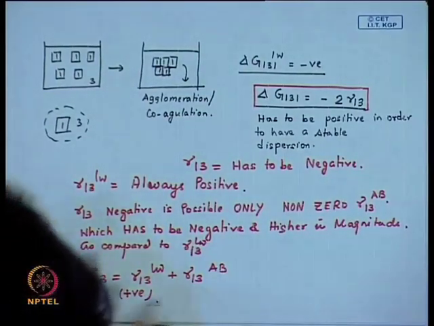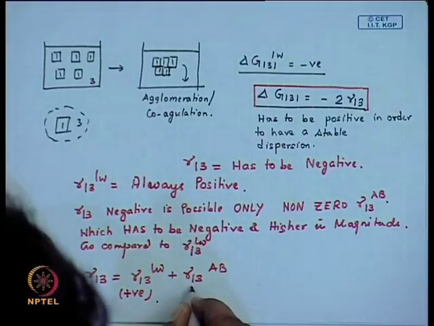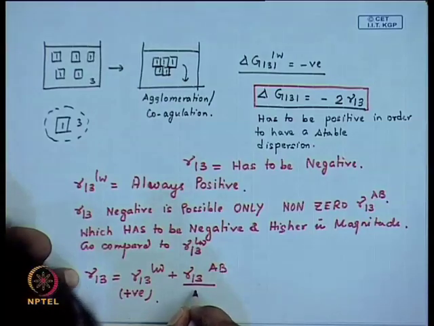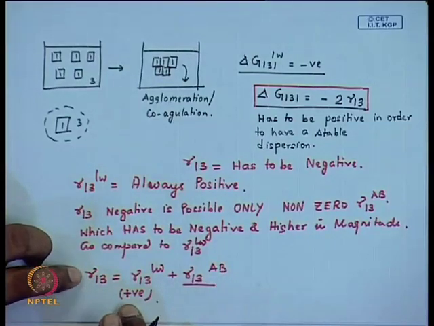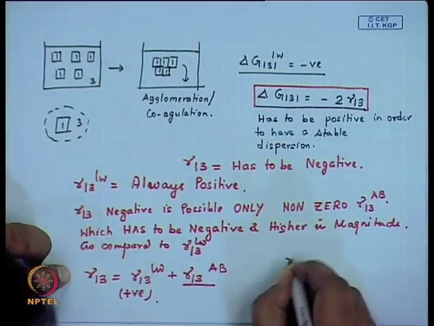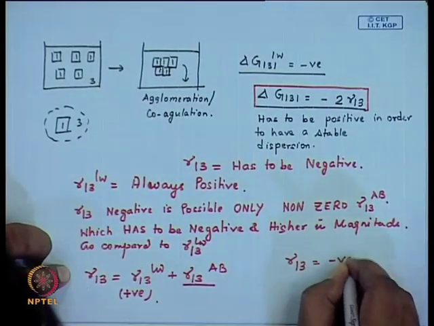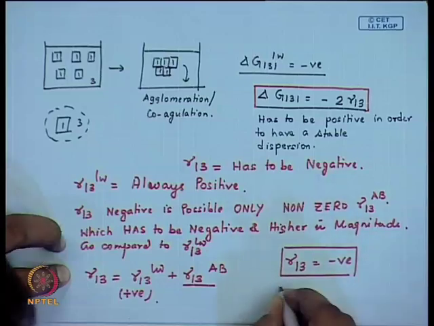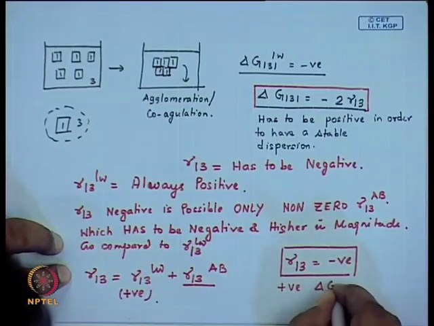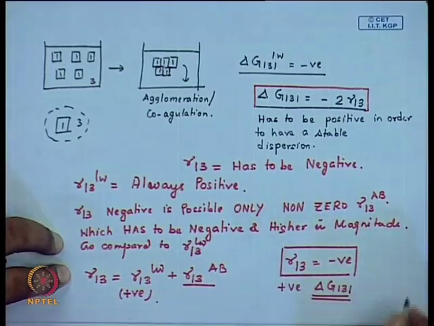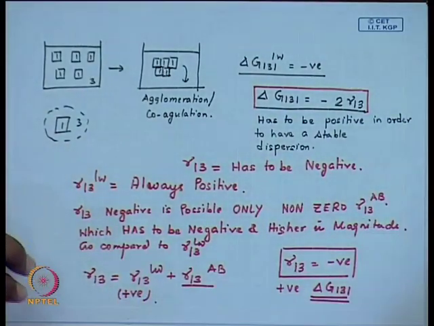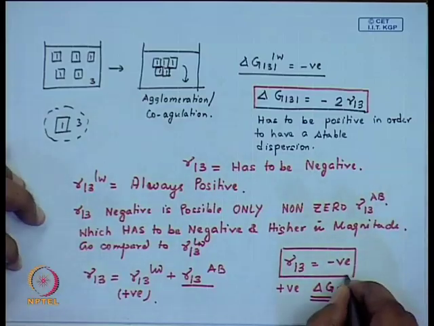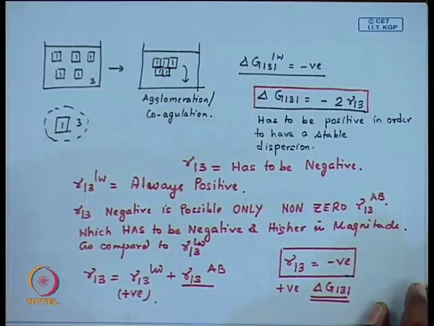So, in order to make the whole thing negative, the only way it is possible is that this term has to be negative and its numerical magnitude has to be higher than this particular term. Only in that case can you have gamma 13 negative, which will result in a positive delta G 131, which means that a stable dispersion is going to be possible. So eventually it shows that in order to have a stable dispersion or dissolution, having polar interaction is mandatory.